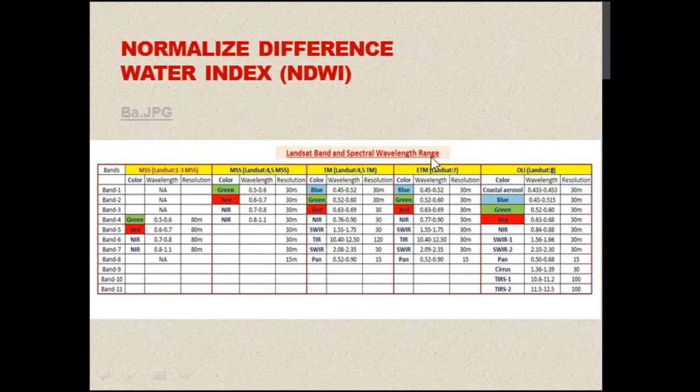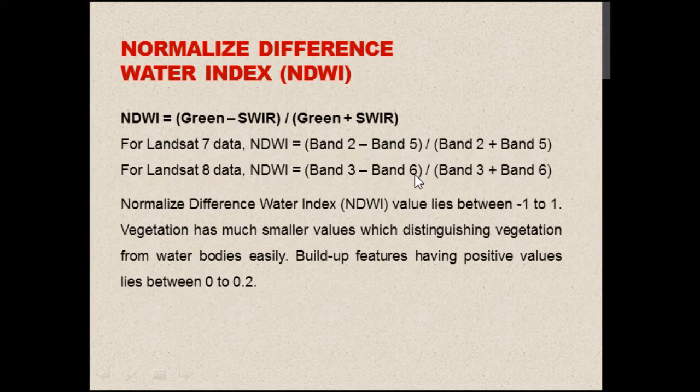For Landsat 7 the green section is band 2. For Landsat 8 it differs, it points to band 3. So band 3 and band 5 are for Landsat 8, and band 6 and band 6, as you can see, are the main bands used to calculate this NDWI.